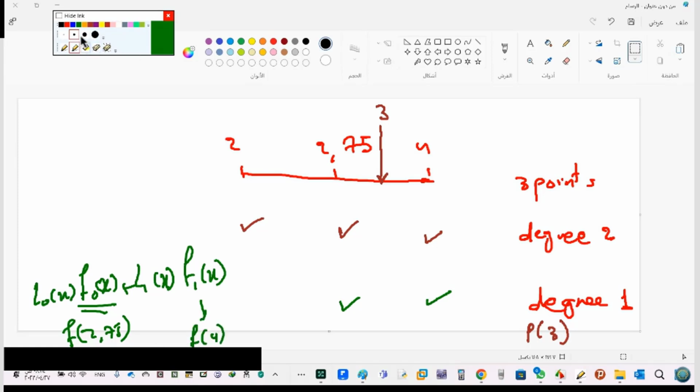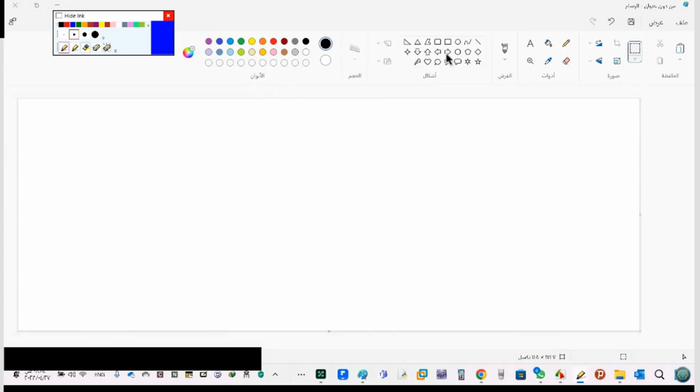Now, for example, in our exam he asked me about 2.25. So this is 1 before, 1 after. Based on the question for degree 1, if I want to select points, it's based on the question, 1 point before, 1 point after. For example, I want to advance this question. I have 4 points. So now, degree 3.